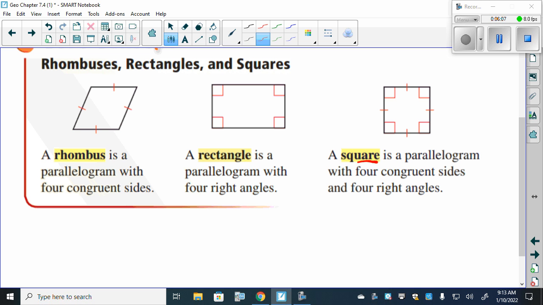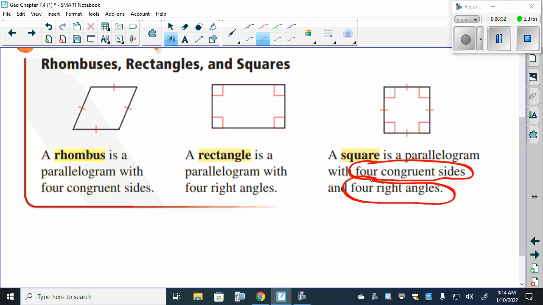Well, what does a square have? Four congruent sides. So can a square be a rhombus? Yes. Can a rhombus be a square? Because what's the other half? Four right angles. So a rhombus only has half the definition of a square. A square can be a rhombus, but a rhombus can't be a square.